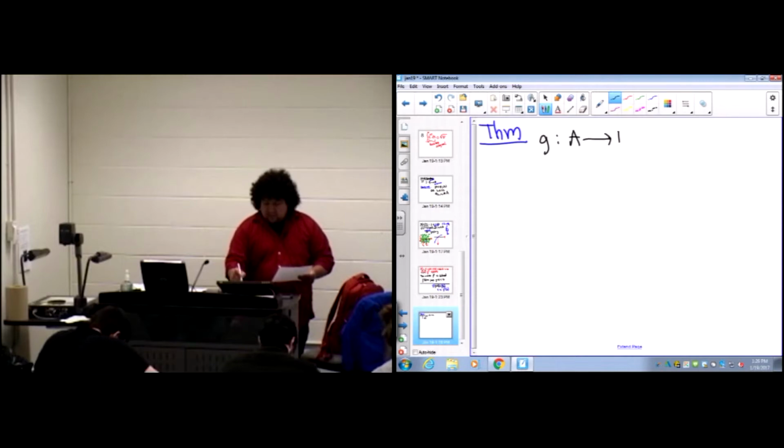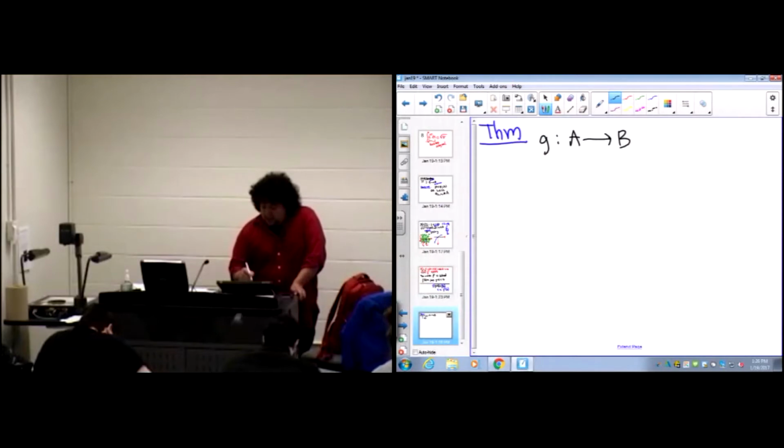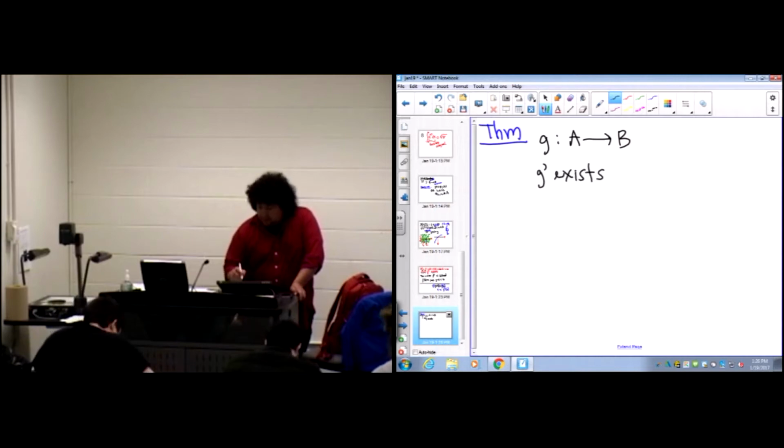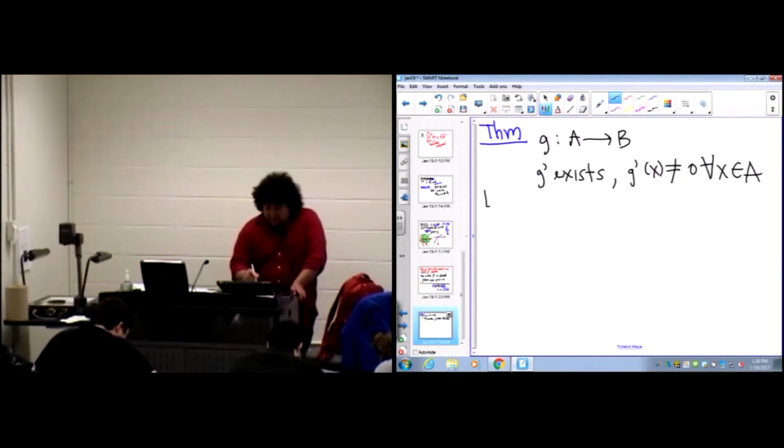Suppose that we have a function mapping a to b, and suppose the first derivative exists, and that first derivative is different from 0 for every value of the domain of this function.